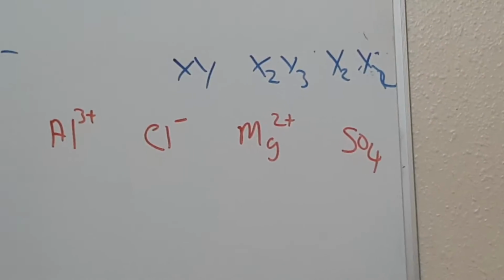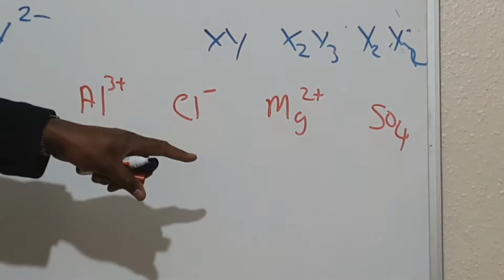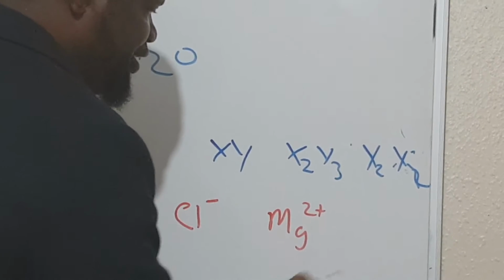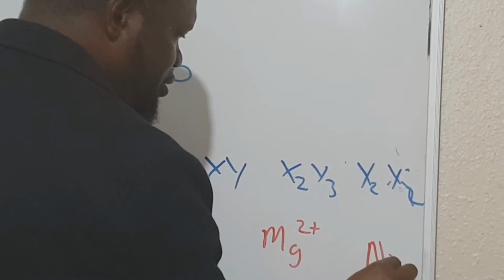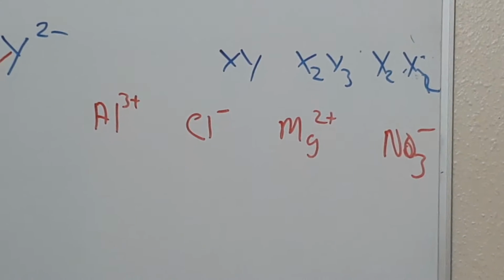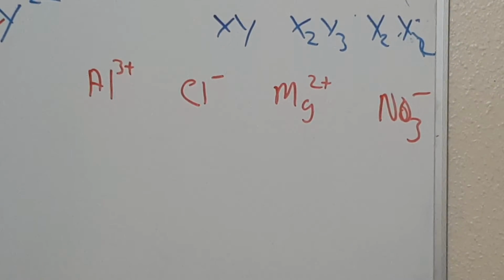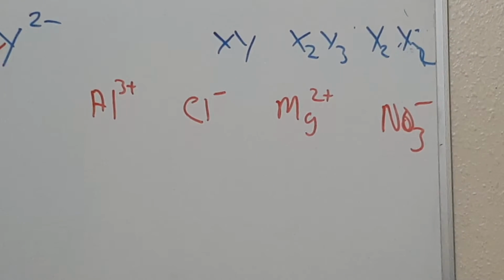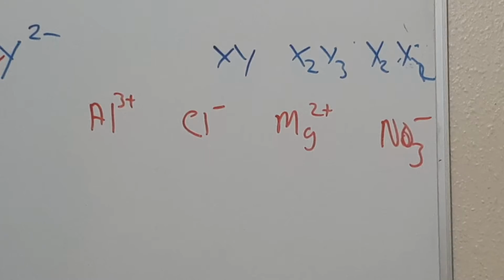That's why I say I'm going to be asking you this. You have to be studying this. Oh yeah, sulfate 2 minus, sulfide. What about nitrate? Nitrate is 1 minus. You must memorize that, okay? If you want to continue, you have to memorize that.